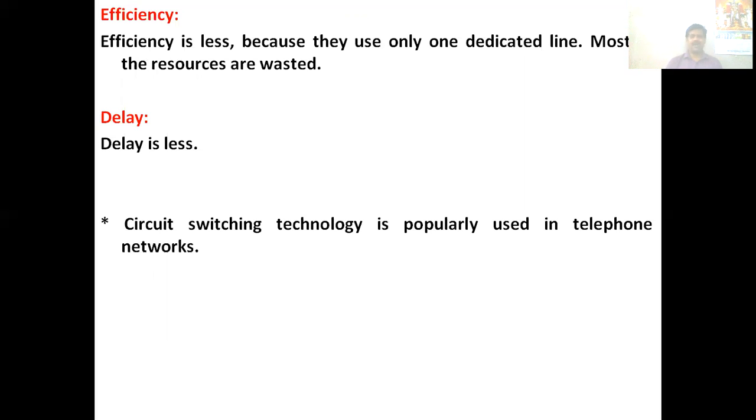We are not using the phone always, but the resource is allocated, or dedicated, for you. Next one is delay. Here the delay is less. Circuit switching is used in the telephone network.